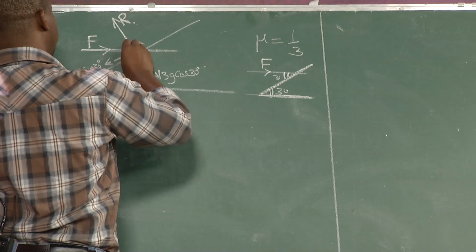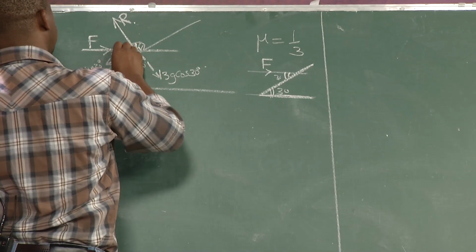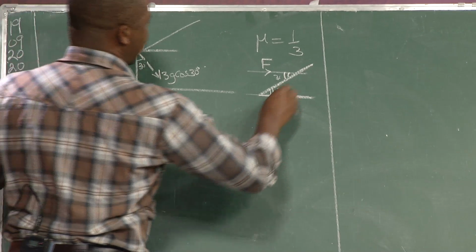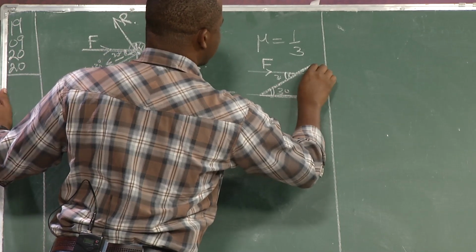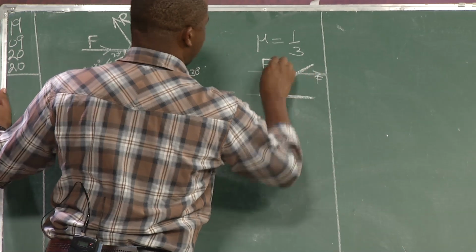So this angle will be 30 degrees. And you can choose actually to let this F pass through and indicate it here instead of there.